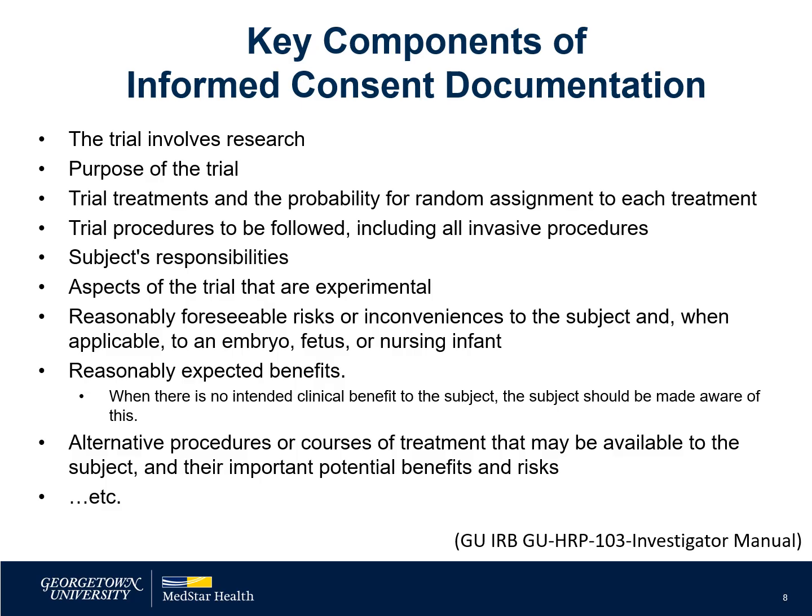There are many more components of the informed consent form, so be sure to check out the template provided by the Georgetown University IRB to create your informed consent form. If you would like more information, please reference the GU-MHRI 103 Investigation Manual for more detailed descriptions of required components.